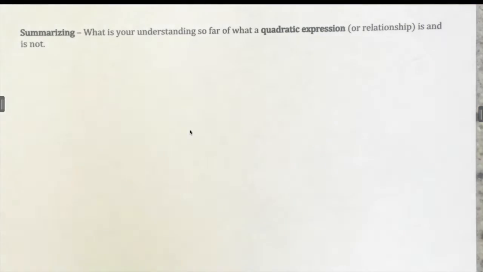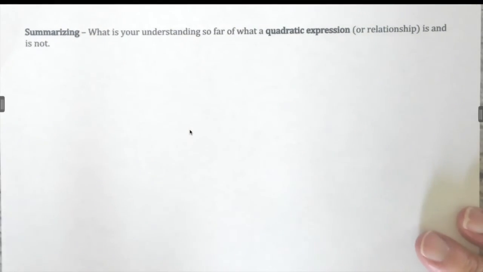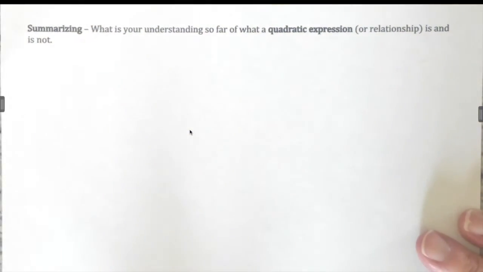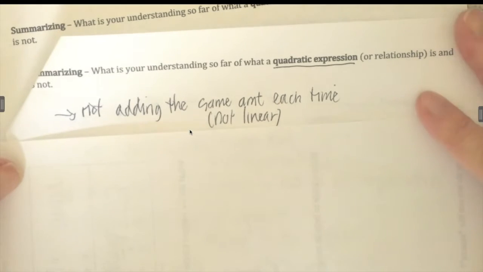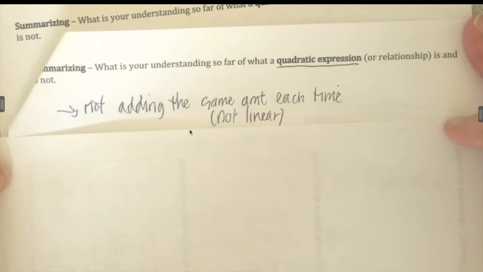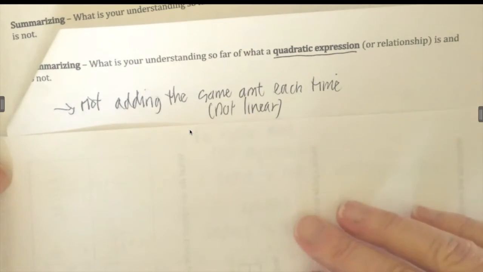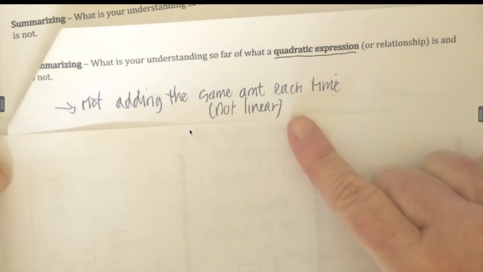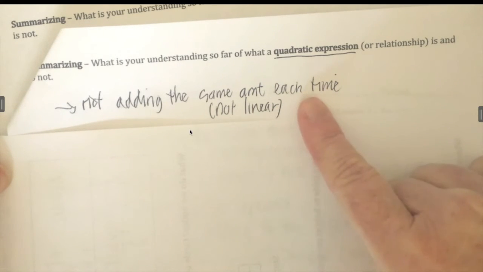Last piece. What is your understanding so far of what a quadratic expression or relationship is or is not? So go ahead and just jot down some things, and then I'm going to show you my notes so you could copy them down. So let's talk about what it is not. We know that a quadratic expression is not adding the same amount each time.